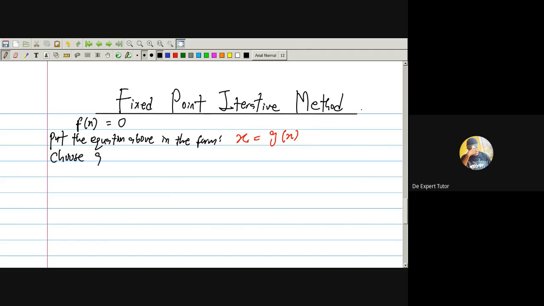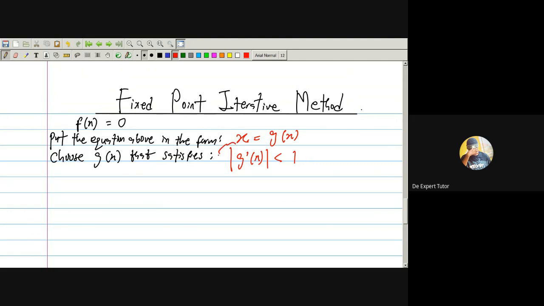Choose g of x that satisfies this thing I want to tell you: absolute value of g prime of x less than 1. This is the condition for convergence.